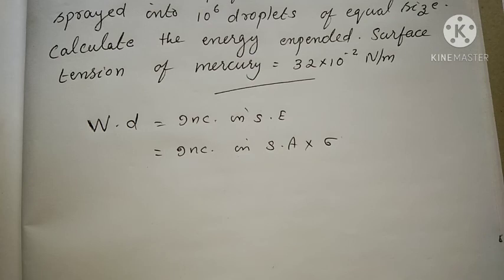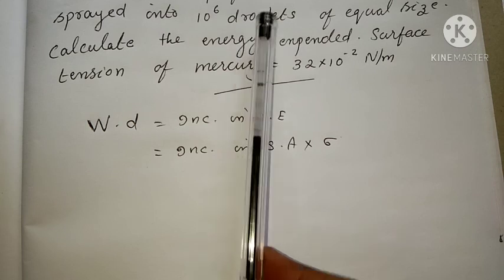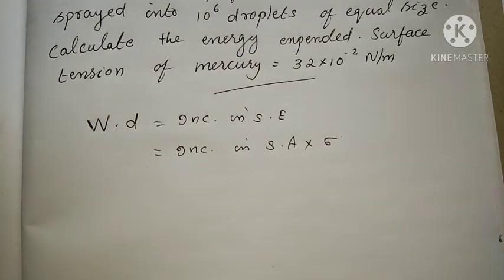So here volume of 10 raised to 6 droplets is equal to volume of the larger drop. So first you want to find out the surface area of the larger drop and then surface area of 10 raised to 6 droplets. Then you can find out the increase in surface area.